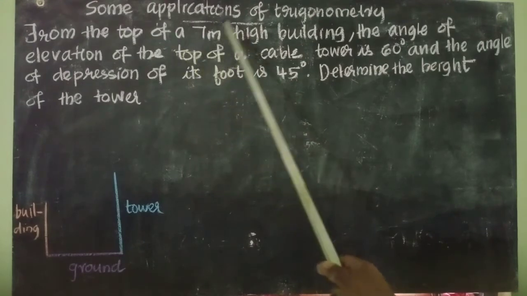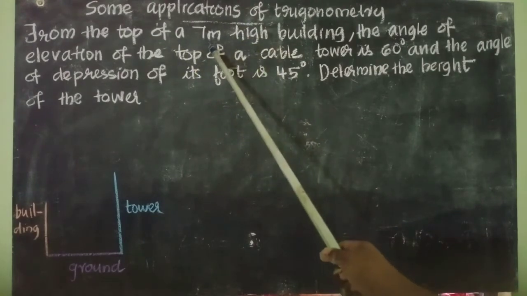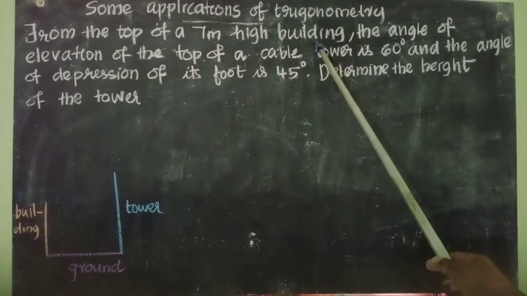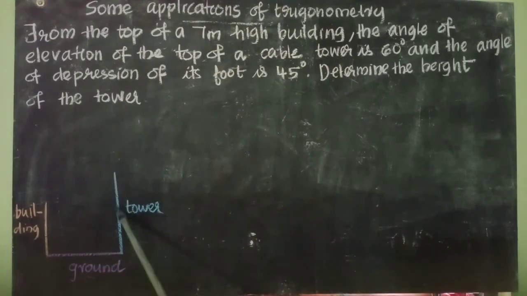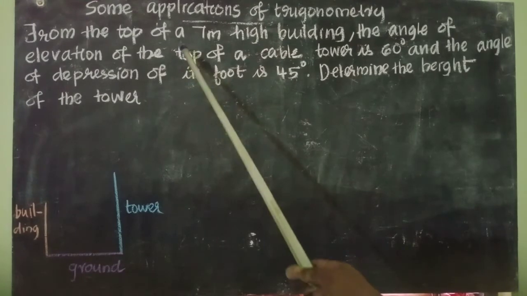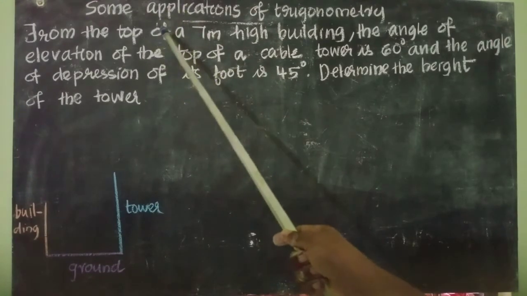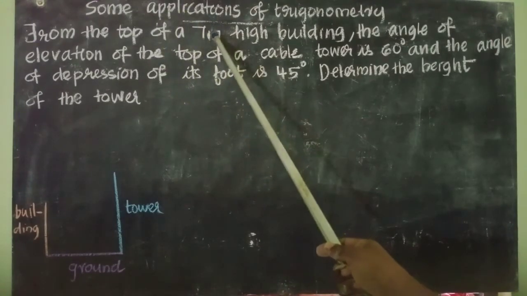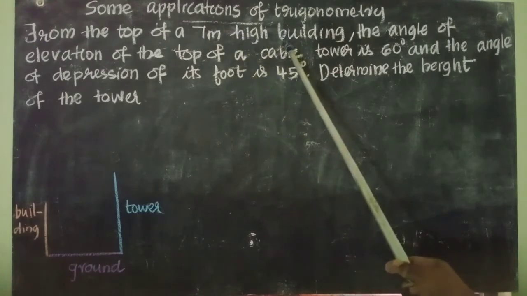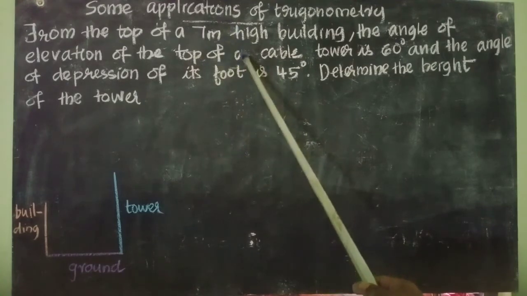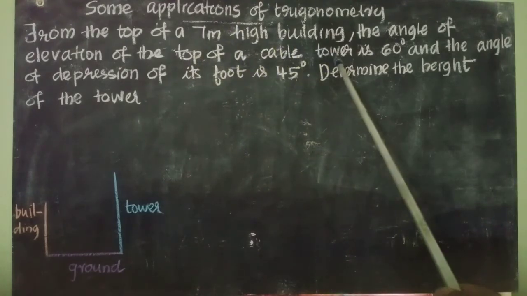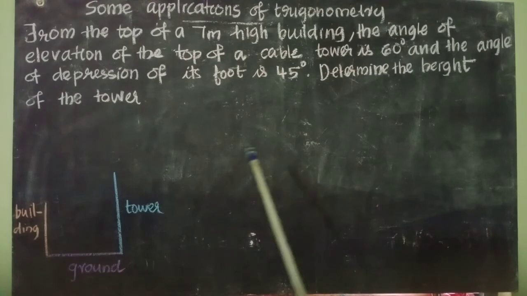So, it is given in the question there is a 7-meter high building and a cable tower. Here I have drawn a cable tower and on the other side a building. Then it is given from the top of a 7-meter high building, the angle of elevation of the top of a cable tower is 60 degree.